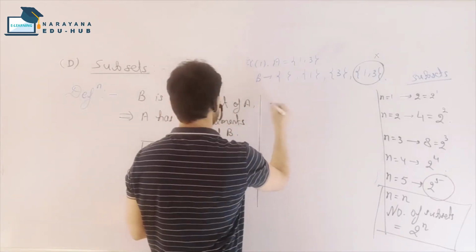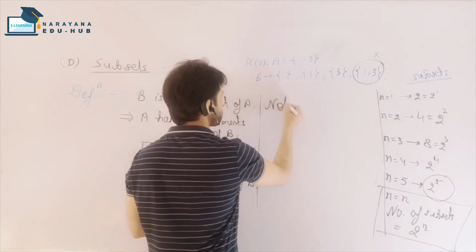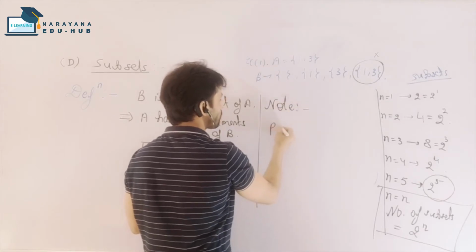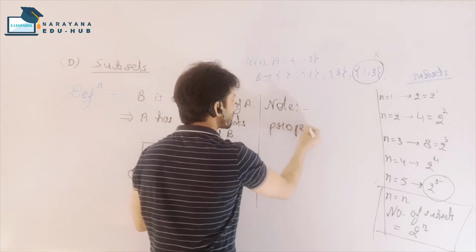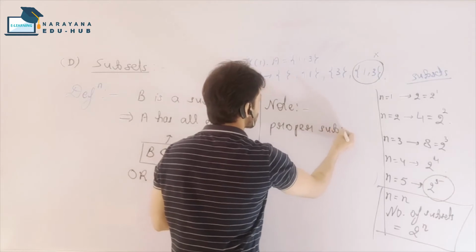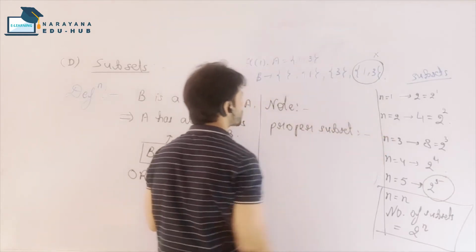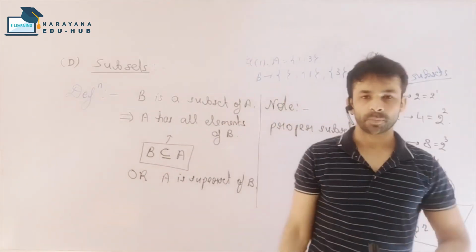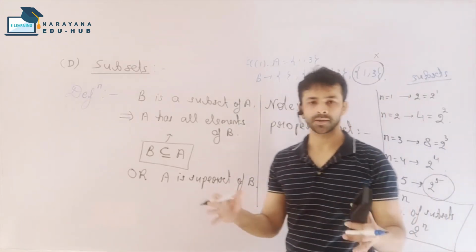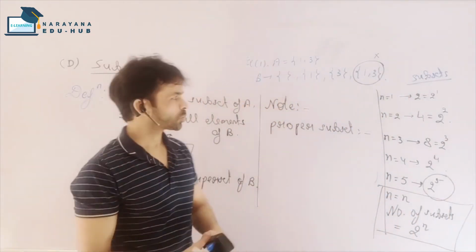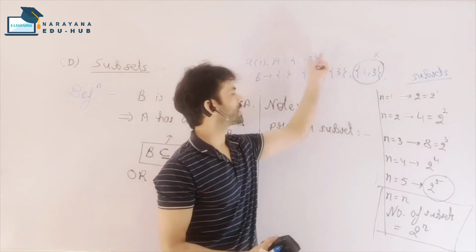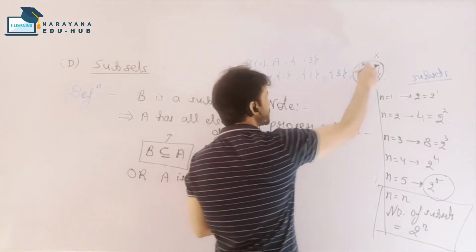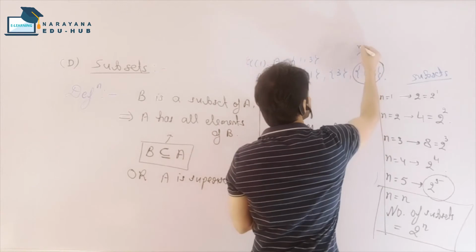Next, you can write proper subset. A proper subset is a subset which is not equal to that set, because this was the set A itself.